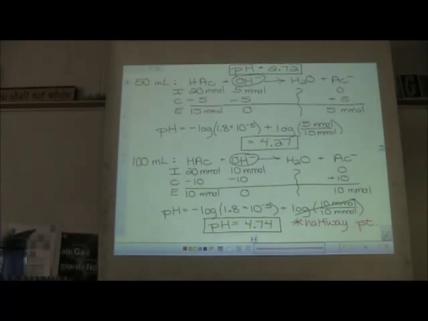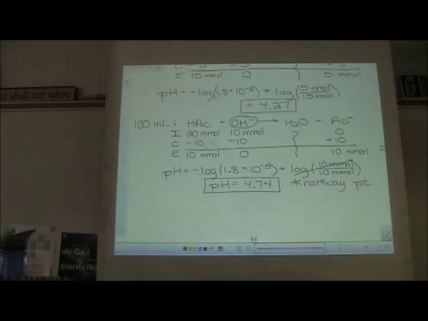If you are dealing with a titration where there is something weak in the mix, not only is it important to know when you're at the halfway point, but there's something special about this titration when you have something weak and you're at the halfway point. pH will always equal your pKa.